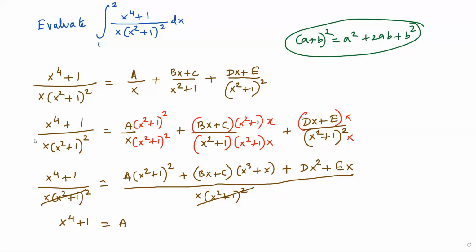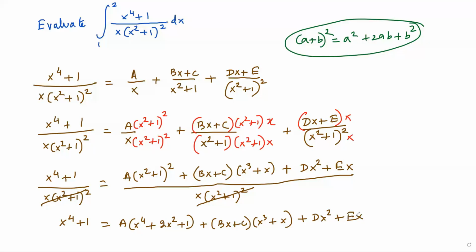The expansion of the square of the binomial is going to be x⁴ + 2x² + 1, + (bx + c) times (x³ + x), + dx² + ex.